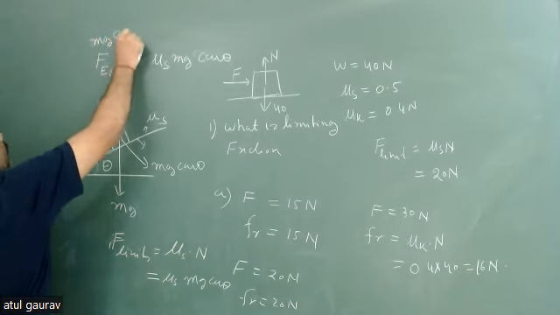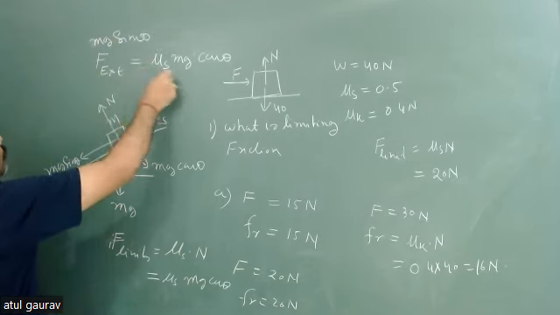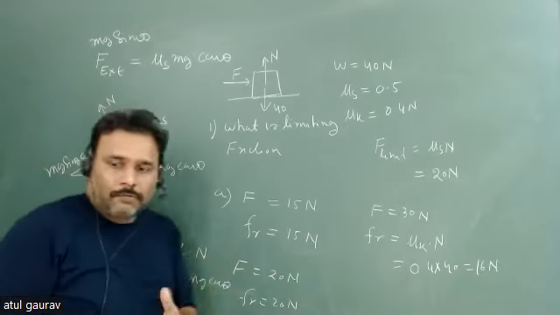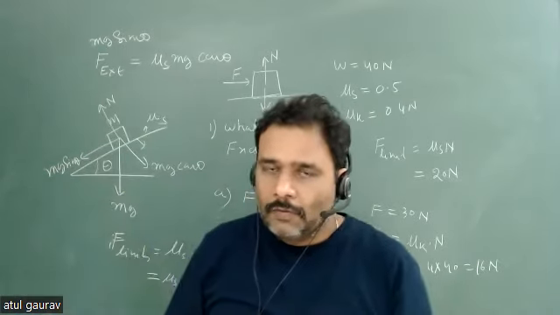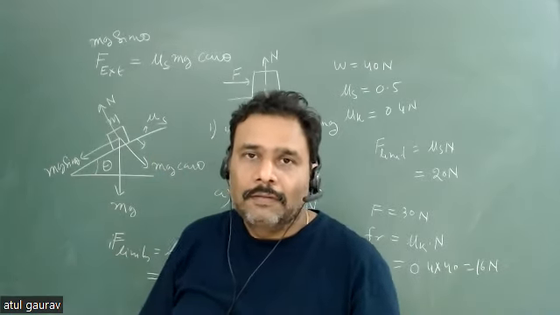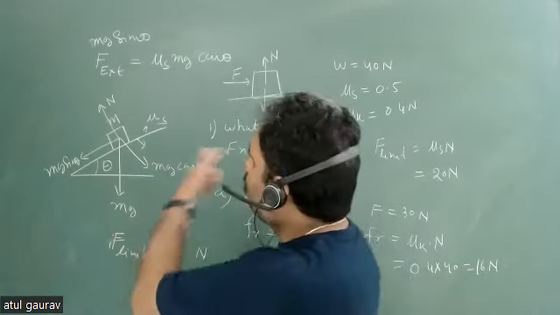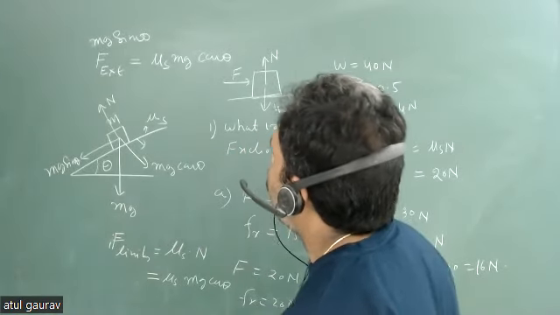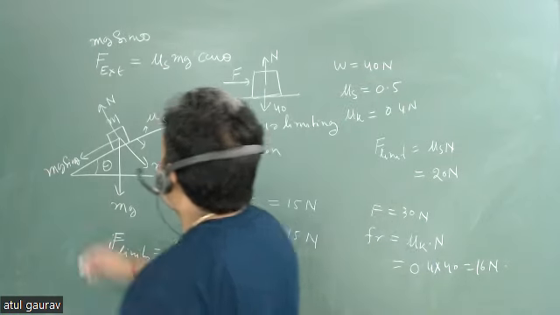Sir, mu s mg cos theta is the limiting friction, na? Yes. When it is just going to slide, F external is equal to limiting friction. Then what will happen? Tan theta is equal to mu s.